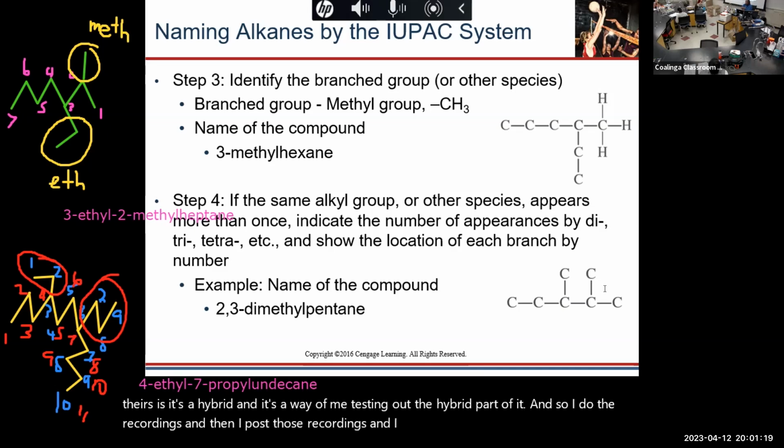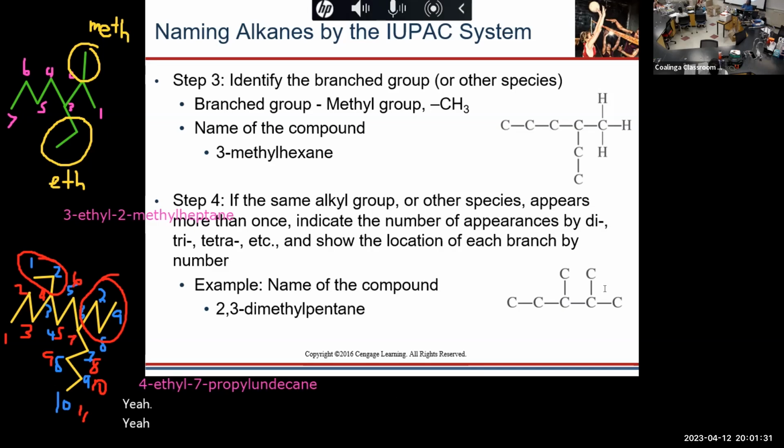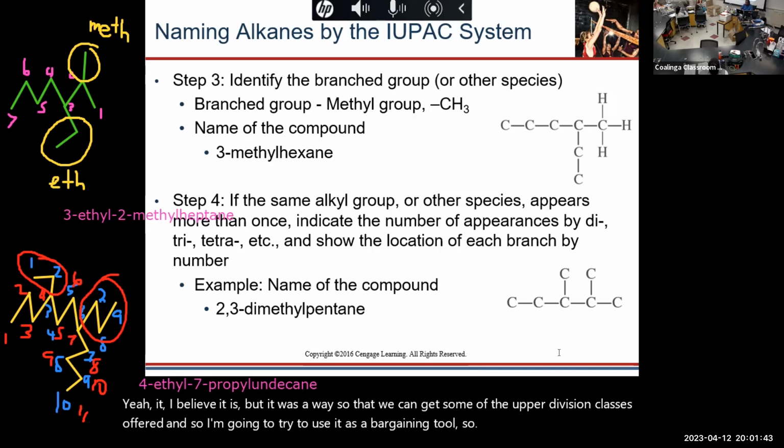Because in the fall for 2A, they're going to actually put the... I believe it is, but it was a way so that we can get some of the upper division classes off. So I'm going to try to use it as a bargaining chip. Yeah, a compromise.